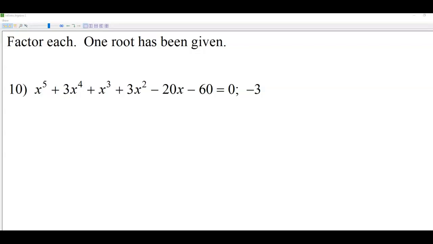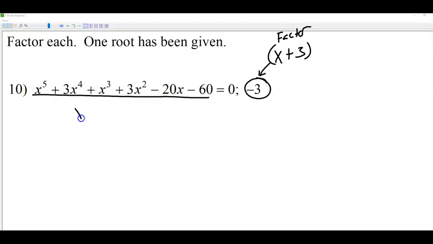So here's one of the roots that they've given us. The first thing we do is we're going to divide that root into this polynomial, scale it down. Just so you remember, if that's a root, then this would be the factor that goes with that root. Okay. Now, I'm going to divide this polynomial by that factor.